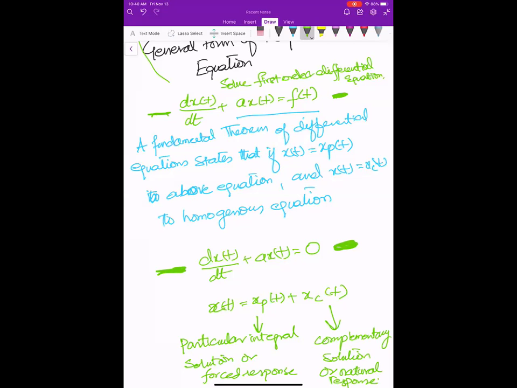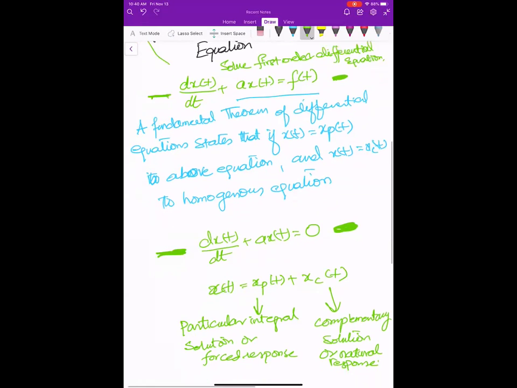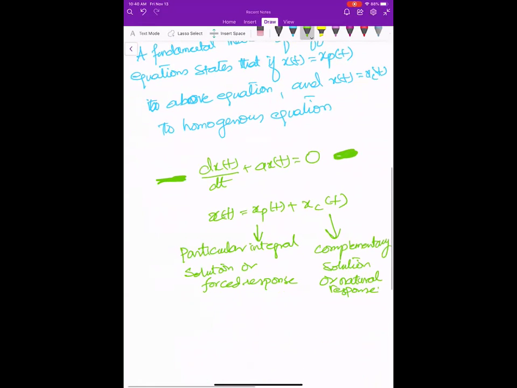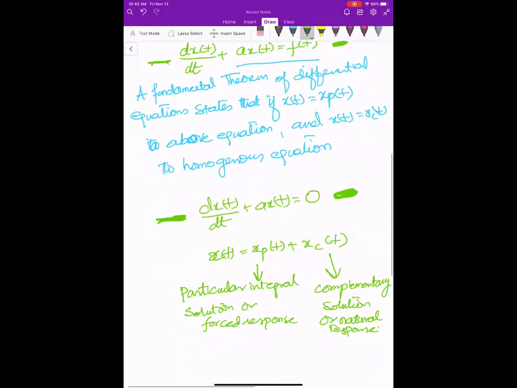So what it means and how we will solve that, we will see that too. But we know that the general form of the equation has two solutions, xp of t, the forced response, and xc of t, that is the natural response. So first I am dealing with, let's say, the forced response.